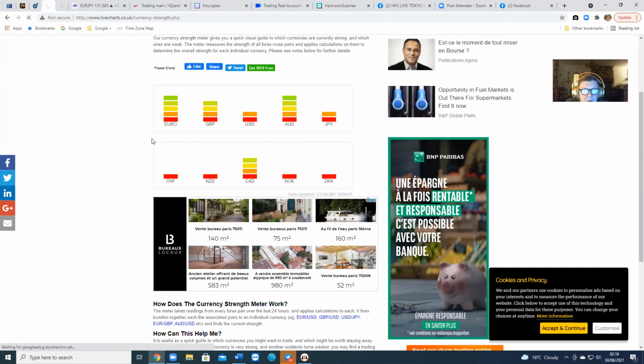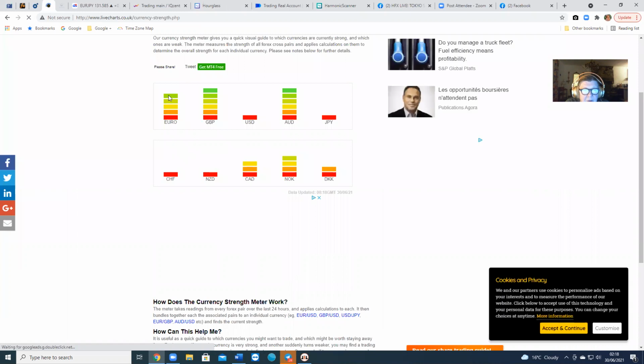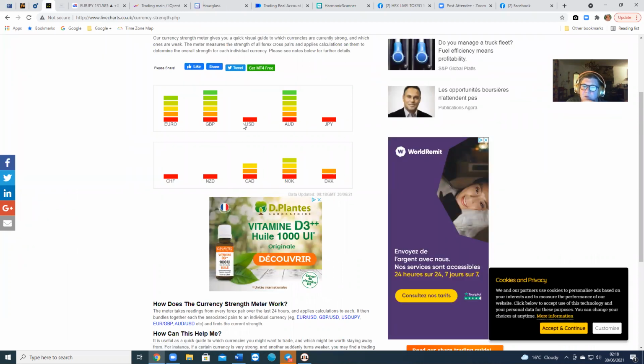If I just refresh this, let's see what's happening here. We've still got the euro, so I don't want to take puts on that. So much stronger. The US dollar's dropped, as has the Japanese yen. Australian dollars strengthened, and the GBP. So I think I'm only going to look at buying the euro against the US dollar and buying the Australian dollar against the US dollar.